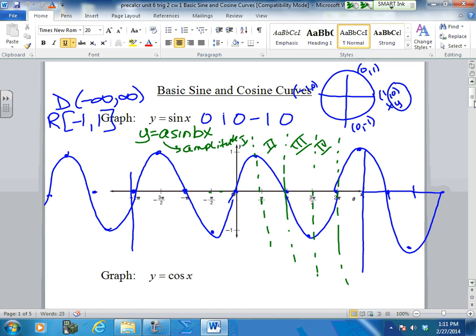From the resting point here to the top, this is my amplitude. From the resting point to the bottom, there's my amplitude. Your amplitude is always positive because it's a distance. It's like the height of my curve.